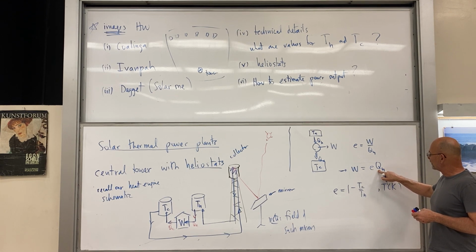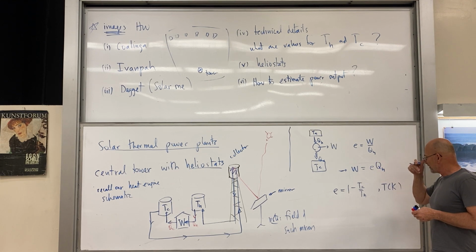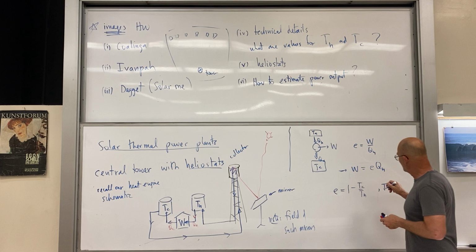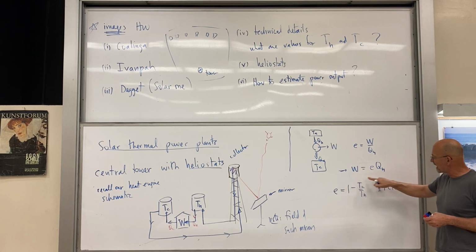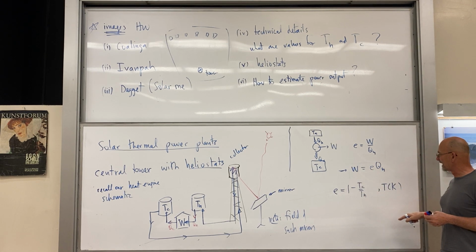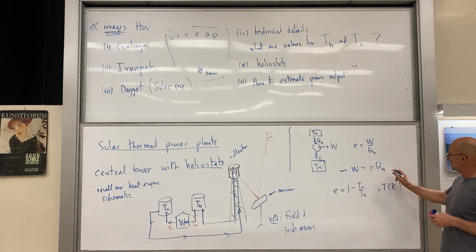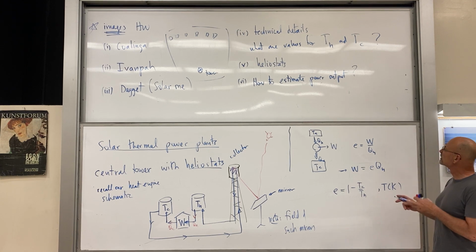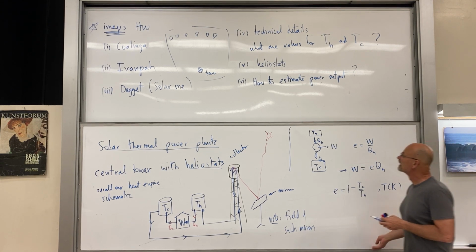So then you would need this QH. But since it's a power, this would be work over time, and this would be QH over time. So the question then is, how do you get this QH? Let me make some room here.